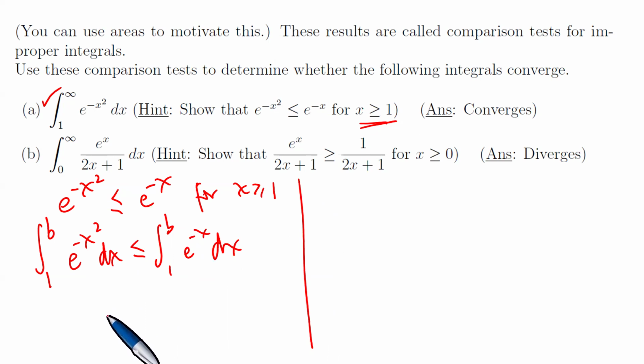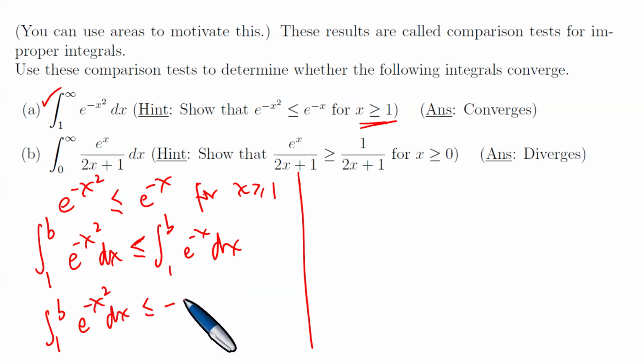Okay, now, so we continue. So now you actually therefore would have to find this particular integral here, 1 to b e to the minus x squared dx.